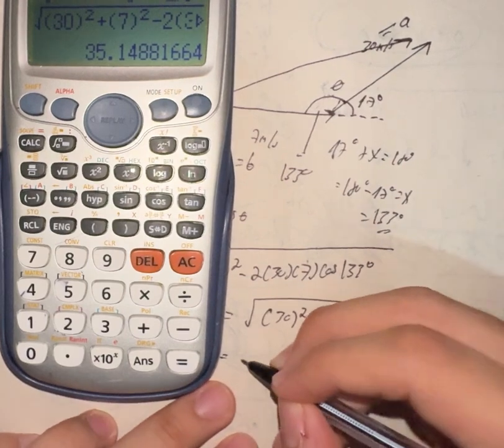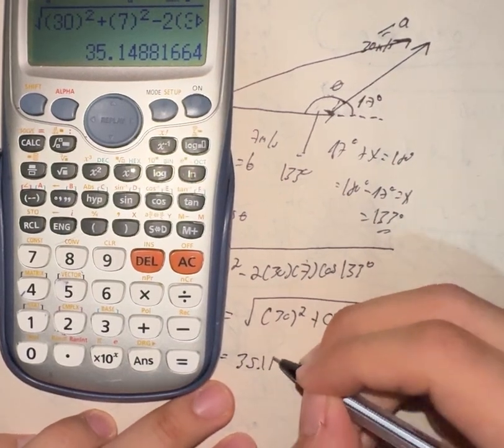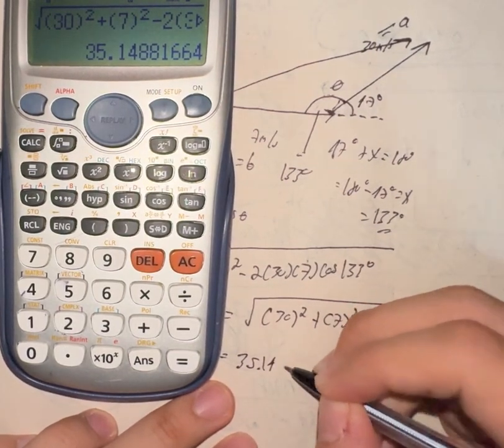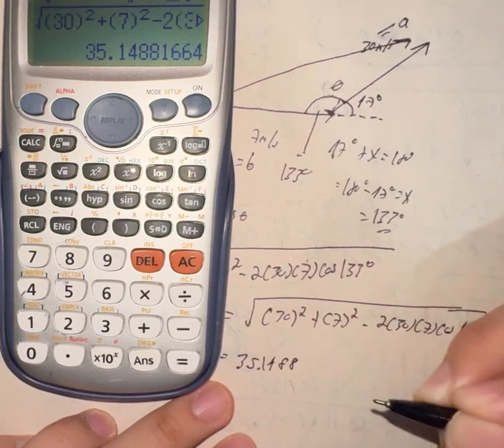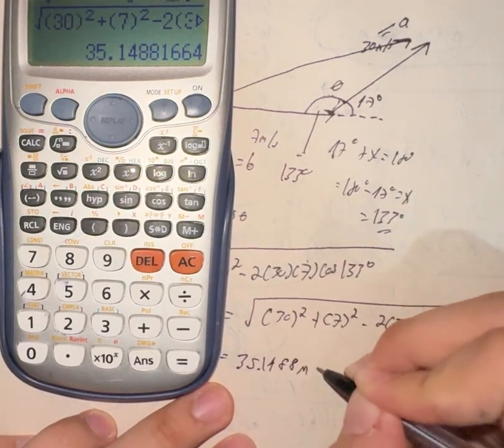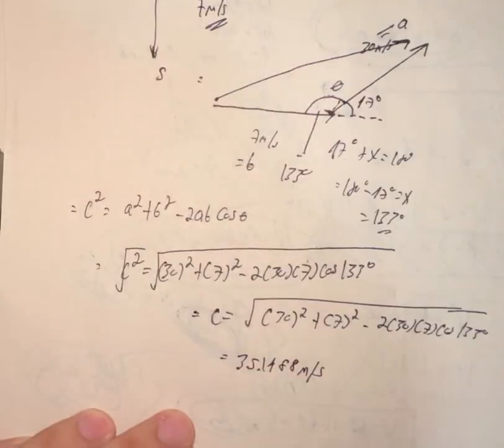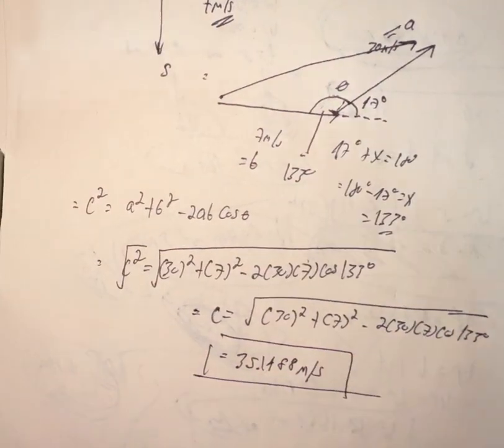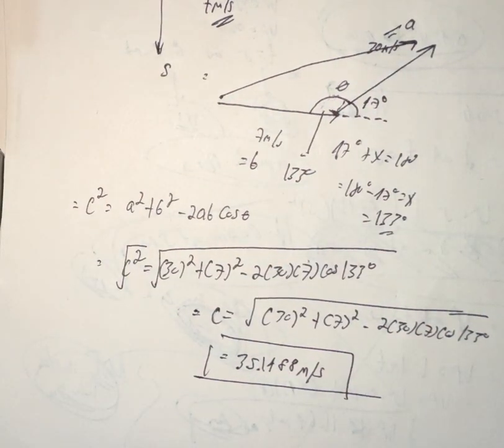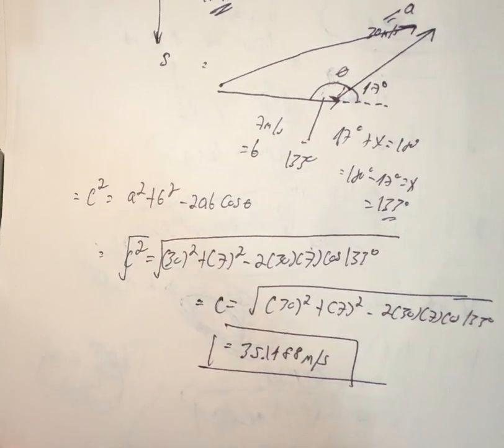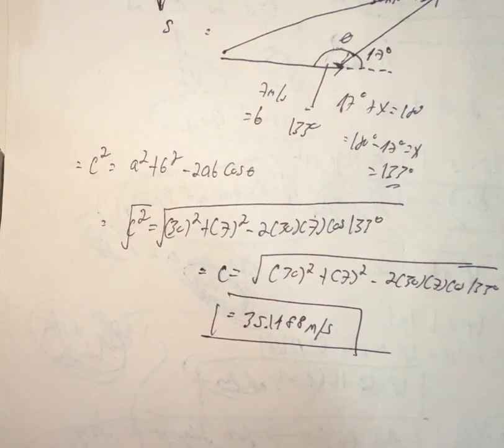So our final vector would be 35.1488 meters per second. That would be our final vector of the frisbee player throwing the frisbee.